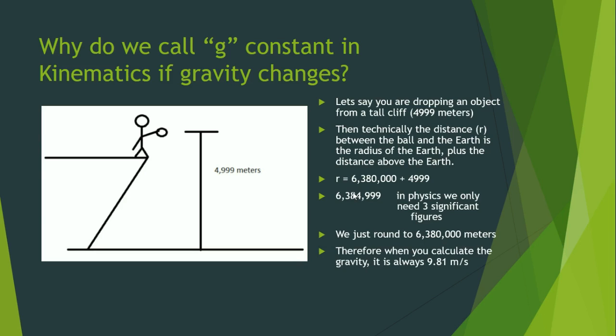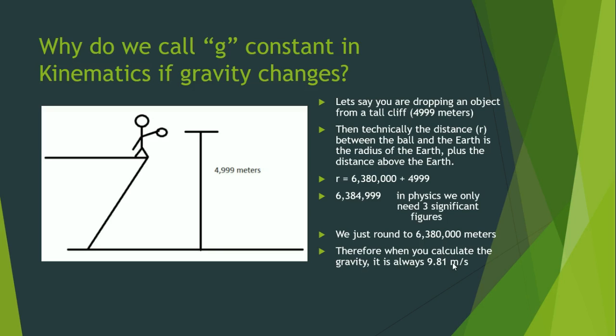So since we're within three significant figures and we have the same numbers as the radius of the Earth, if we calculate it using this radius, we will always get 9.81 meters per second squared. And even if it was exactly 5 kilometers above the Earth, it would only change by about a hundredth. So it would be 9.8 instead of 9.81.